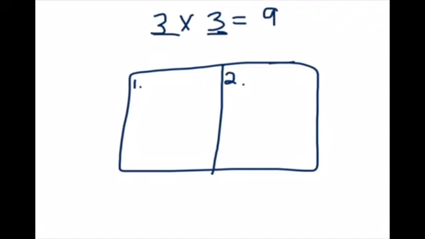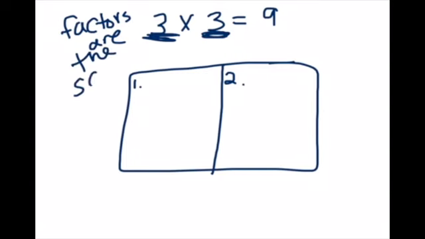Because our factors are the same, we don't need to flip-flop them and do the commutative property, because 3 and 3 are the same. That's the only time when you will not have 4 facts in your fact family, is if your factors are the same. That will be the only time.